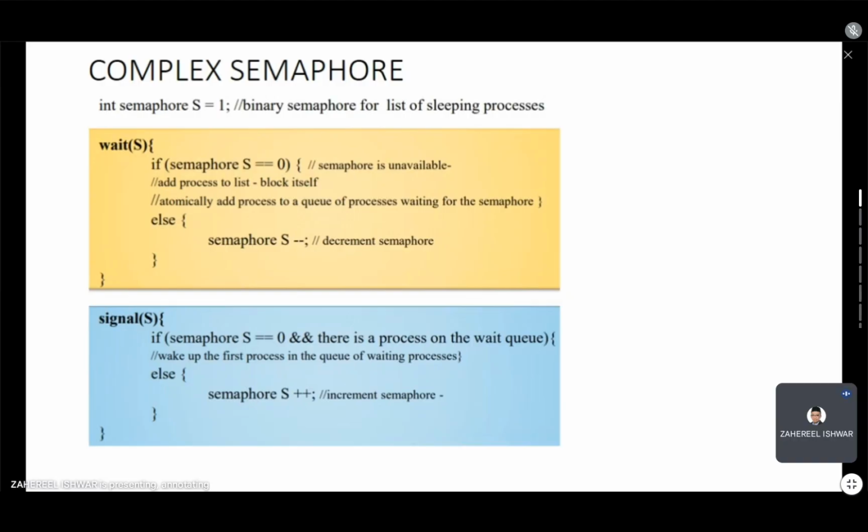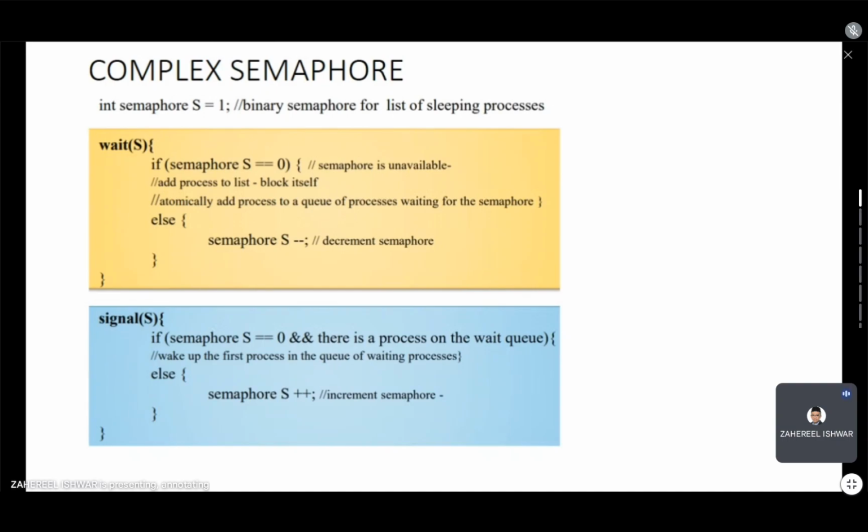In complex semaphore, the approach is slightly different. Basically, we check if the semaphore is 0, then we block that process for that particular semaphore. So we have a queue of processes blocked on that semaphore. On the other hand, if the value is not 0, we simply decrement the semaphore value, which means the process can immediately access the critical section of the code.